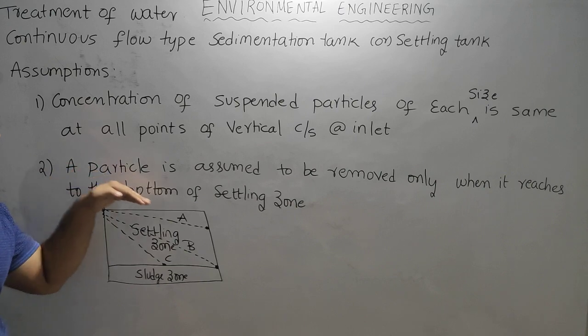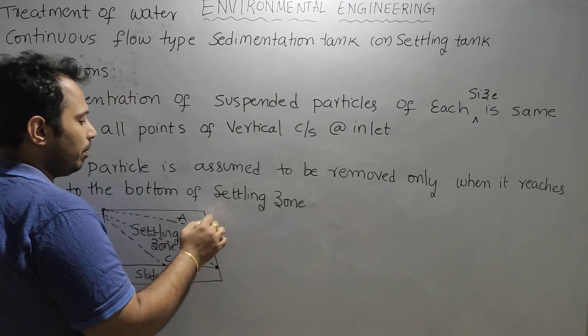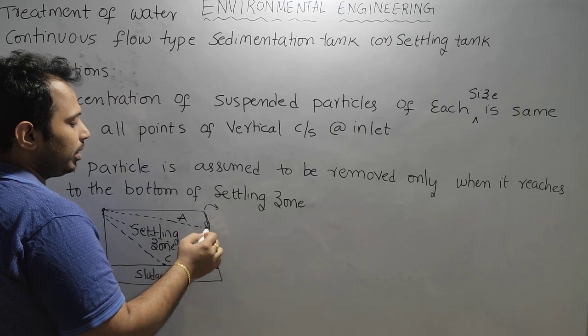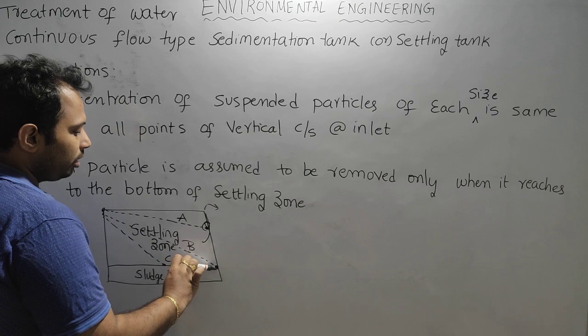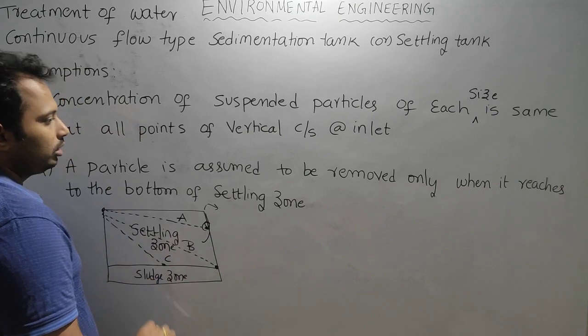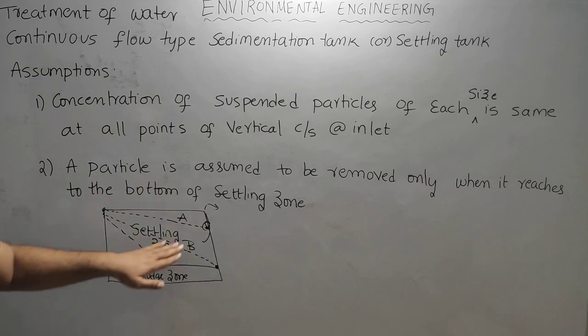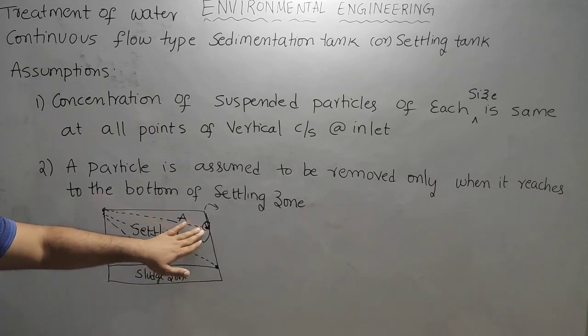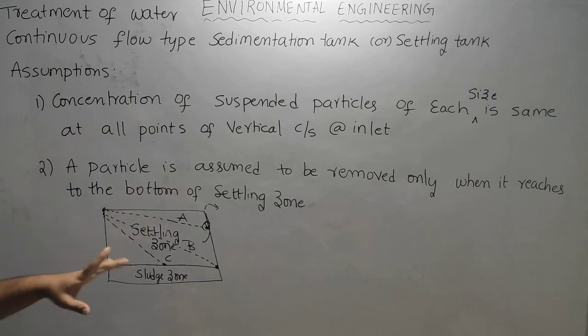Though A has settled here, the water moving up will take this particle out. Only when a particle reaches the bottom of the settling zone do we consider it removed. If it is somewhere other than the bottom of the settling zone, then we don't consider that the particle is removed. That is our second assumption.